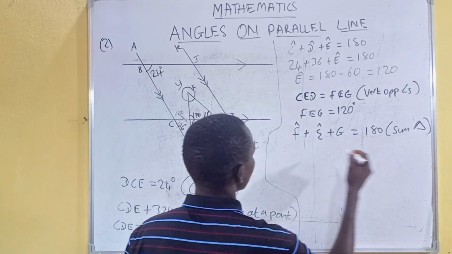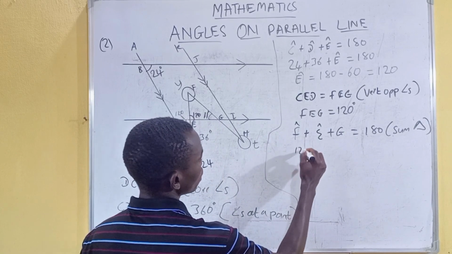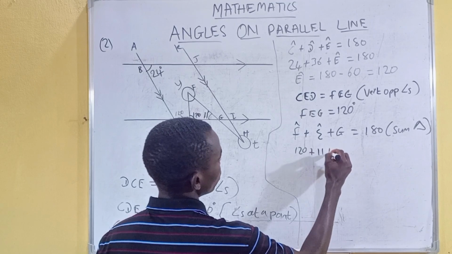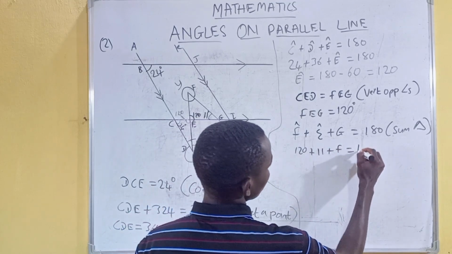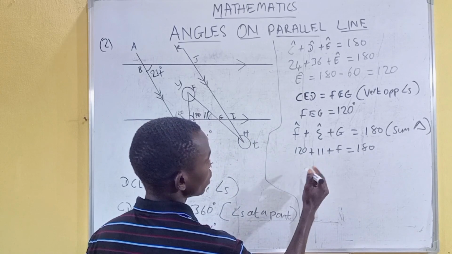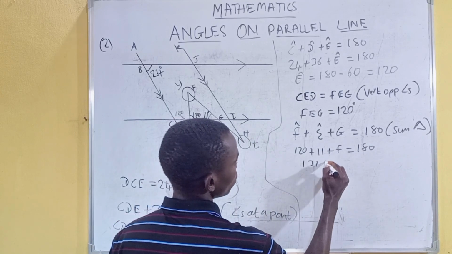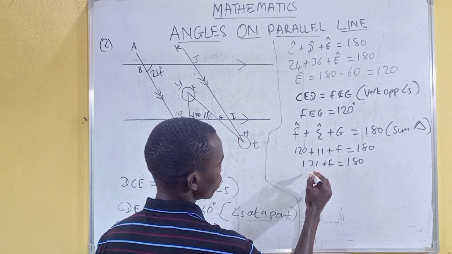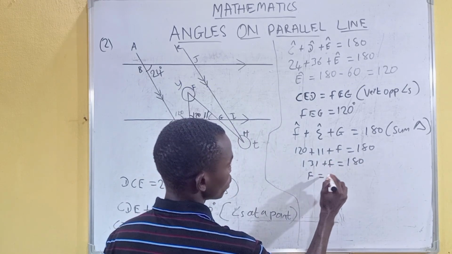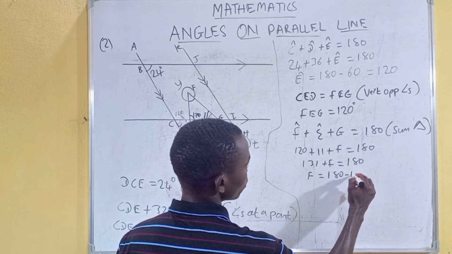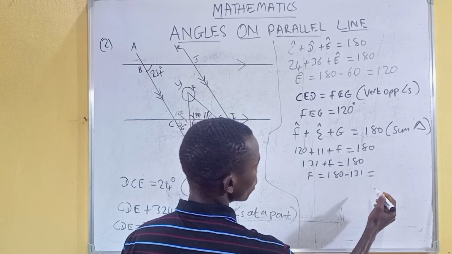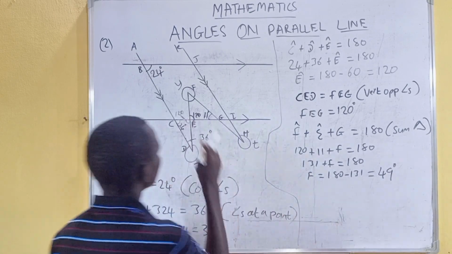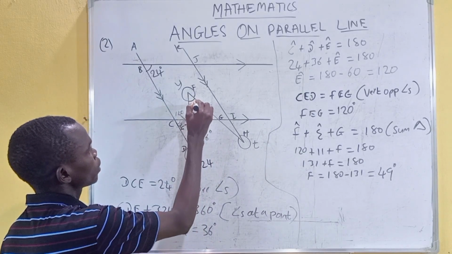So we now have 120 plus 11 plus F, which is equal to 180. This plus this, we have 131 plus F is equal to 180. To make F the subject of the formula, F will now be equal to 180 minus 131, which will be equal to 49 degrees. From here, this is now 49 degrees.